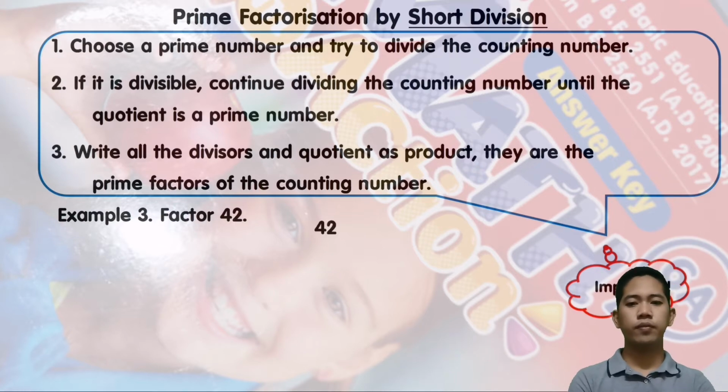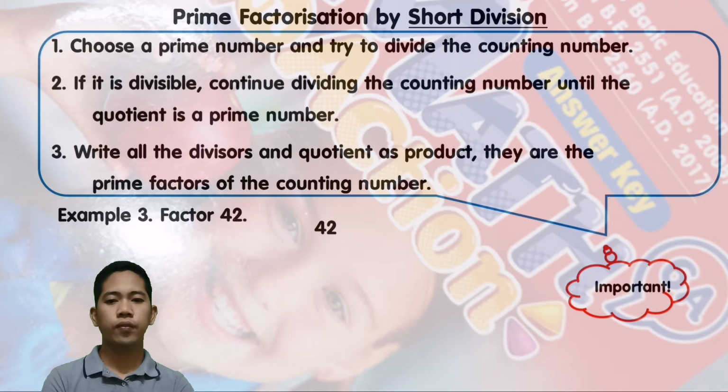Let us factor 42. 42 is divisible by 2. What is 42 divided by 2? Yes, 42 divided by 2 is 21. Is 21 a prime number? No. So that means, again, we have to think of a prime number that can divide 21. And that is 3.